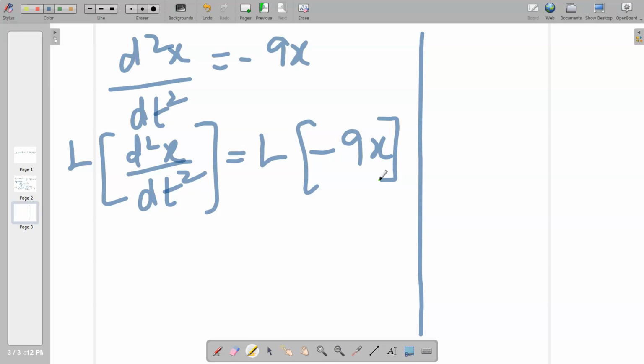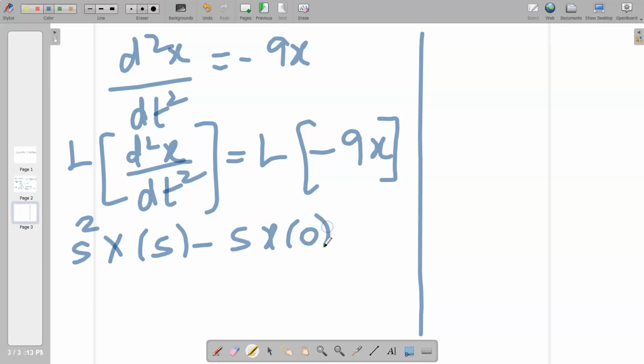When we apply Laplace transformation, we have to consider the initial conditions given in the problem. For d square x by dt square, we can write s square X of s minus s x of 0 minus x dash of 0.